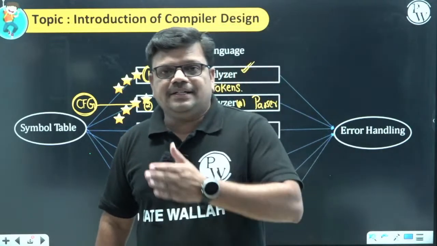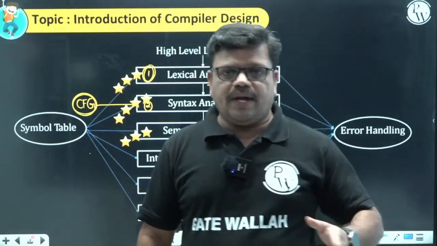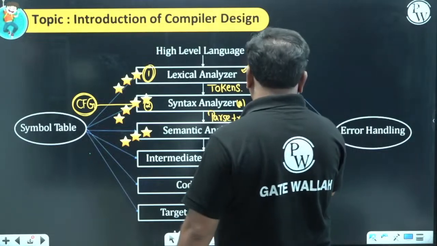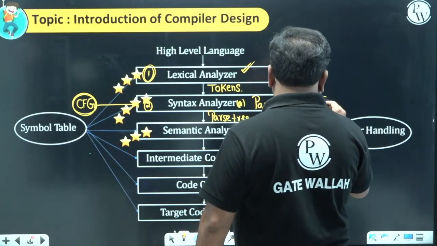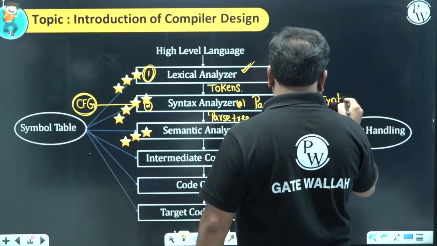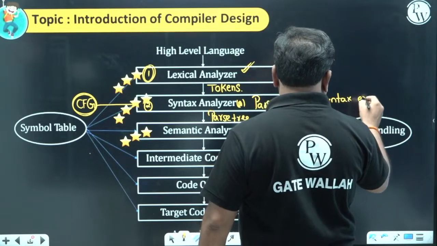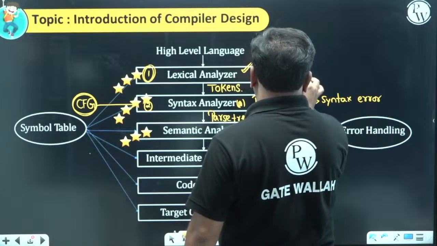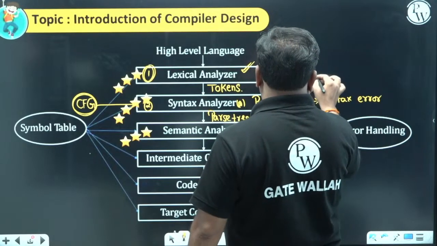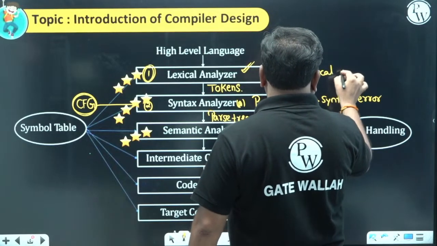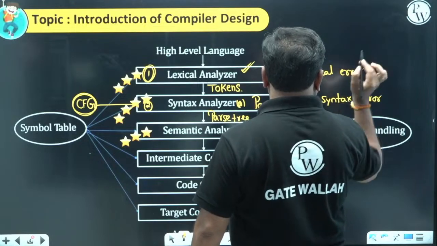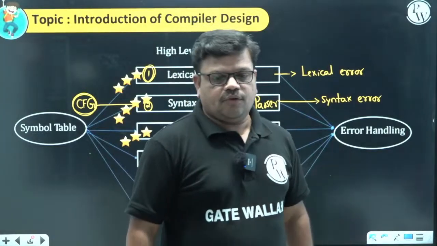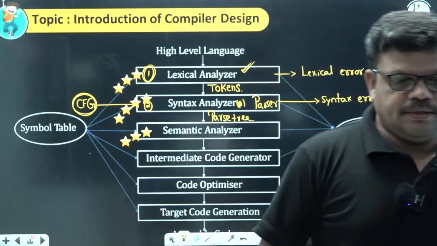For valid syntax, if your token sequence is valid, it will produce a parse tree as output. If the token sequence is not valid, it returns a syntax error as output. Similarly, there is lexical error. So lexical errors and syntax errors are the outputs it will produce.